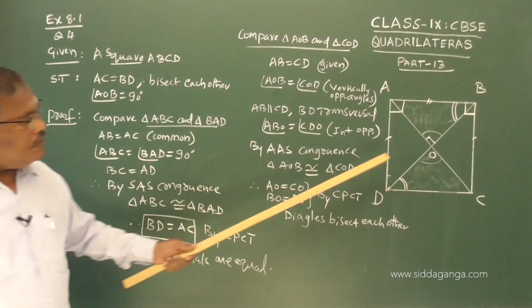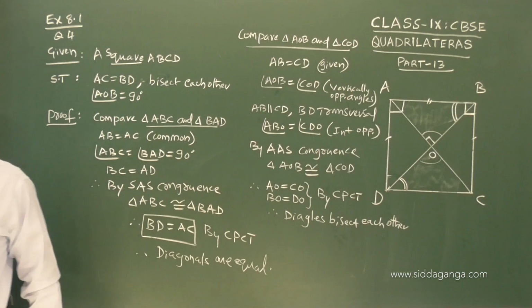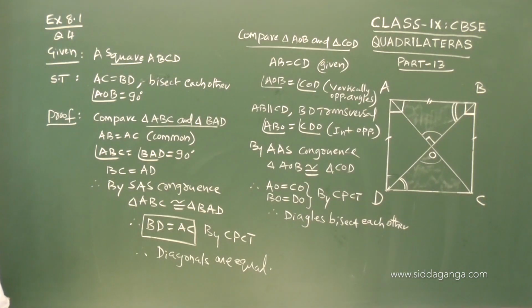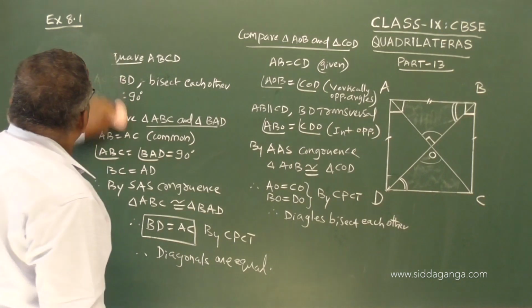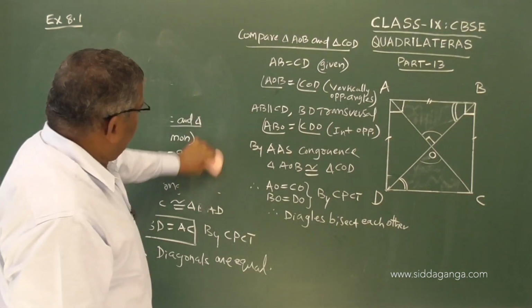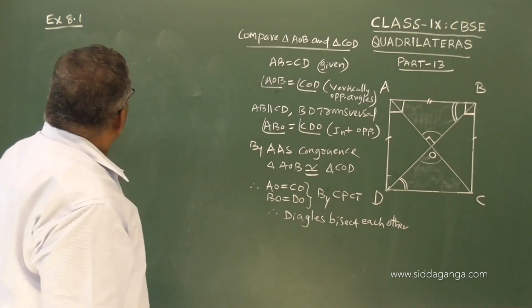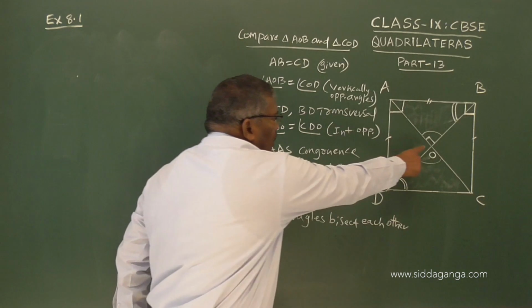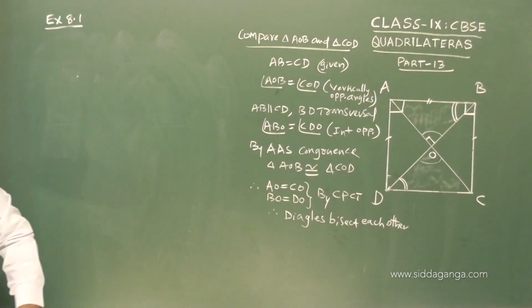Now we have to prove that this central angle is 90 degrees. So I will erase this now, I don't have space. Now to prove that they are intersecting at right angle, we proceed like this.